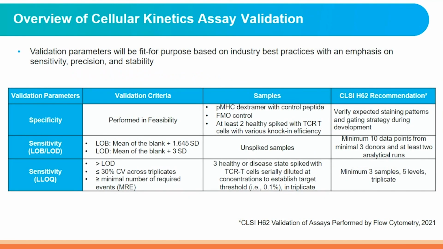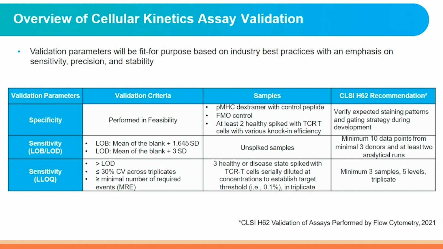Next, I'm going to go through the validation of the cellular kinetic assay. Actually, there's no official guidance document for validation of flow cytometry assays from health authorities. Recently, CLSI released its H62 guidance last year that can be used as a good reference.